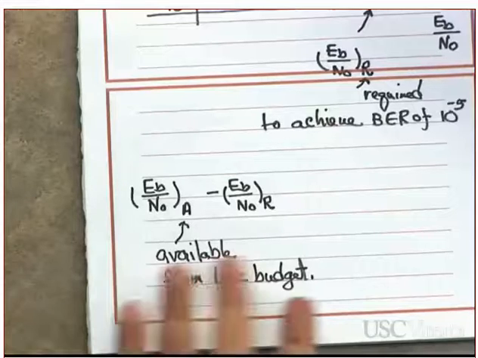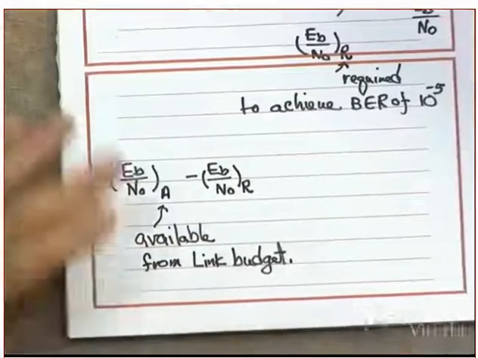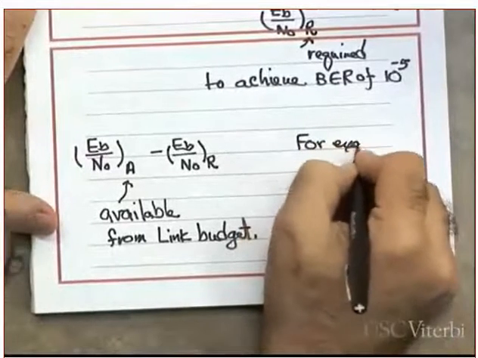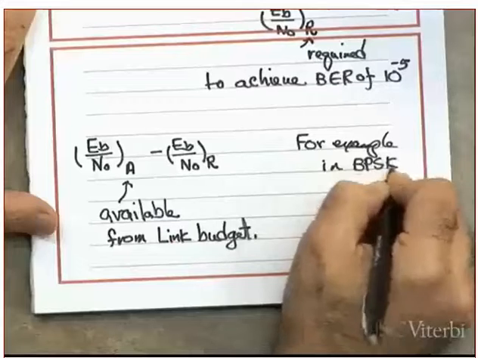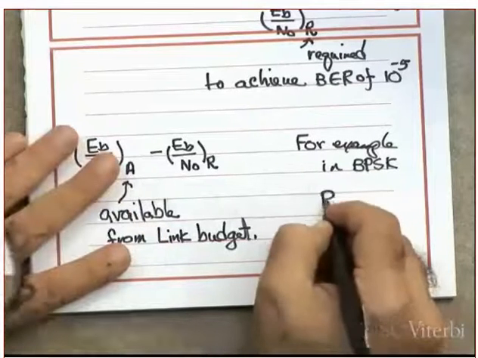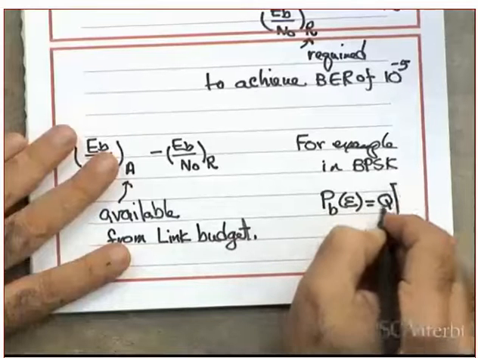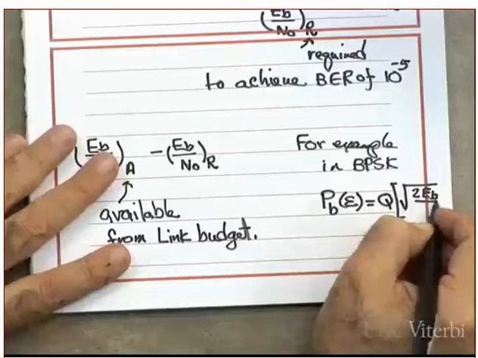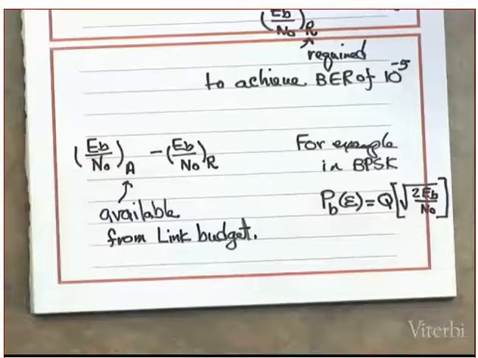Two ways. One way is to plug in a theoretical equation. For example, in BPSK, binary phase shift keying, the probability of bit error is equal to Q, the Q function, I will send you the tables shortly, of the square root of Eb over N0.